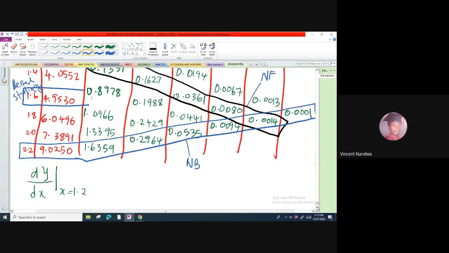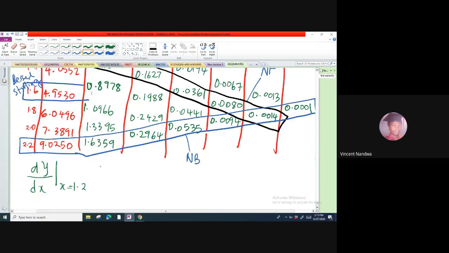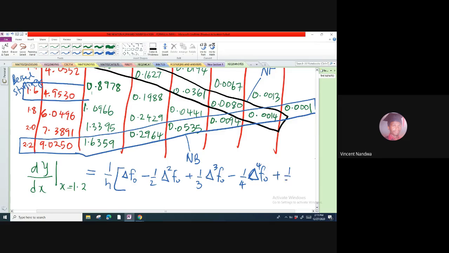Because 1.2 is at the beginning of the table, we use the Newton forward formula, which would be given by 1 over h, forward f naught minus a half forward squared f naught plus a third forward cubed f naught minus a quarter forward 4 f naught, then plus 1 over 5.